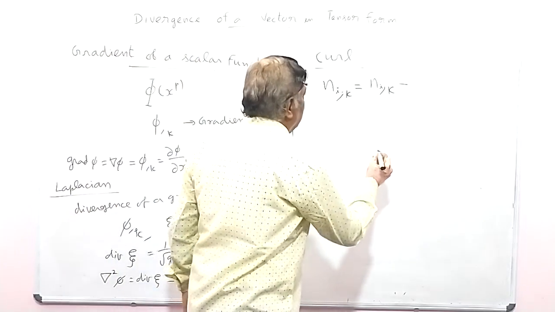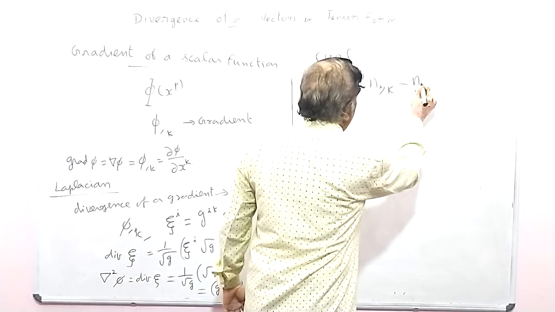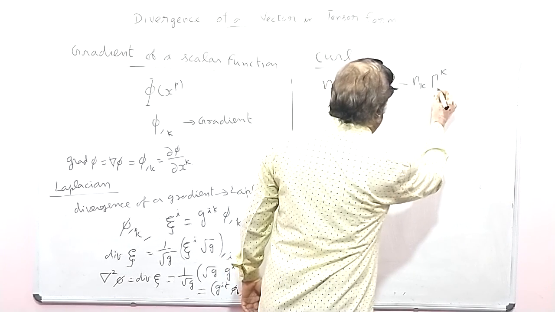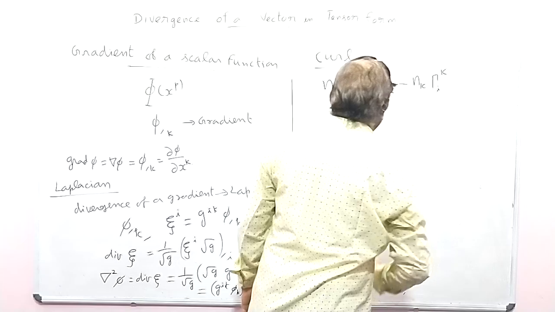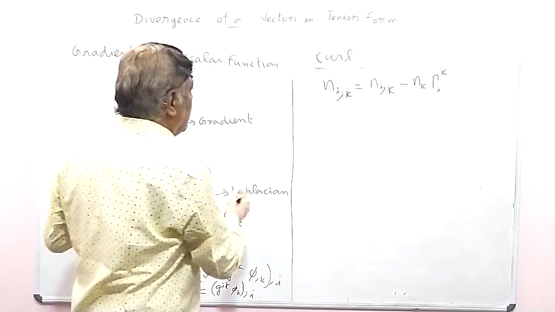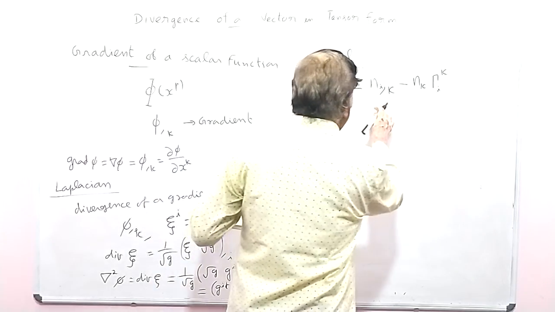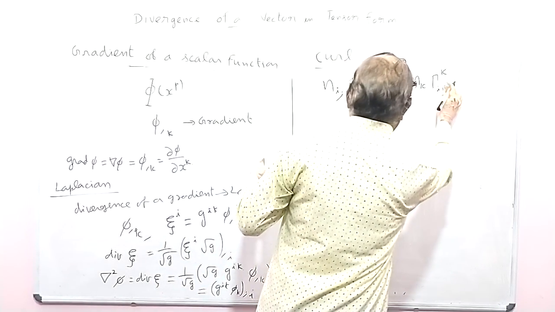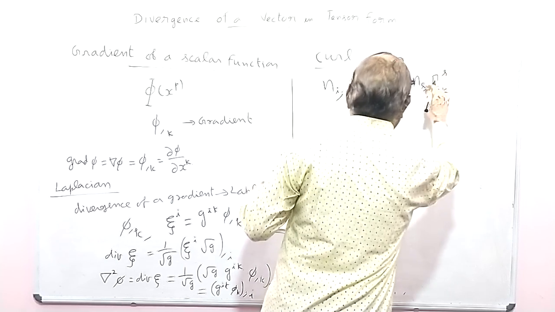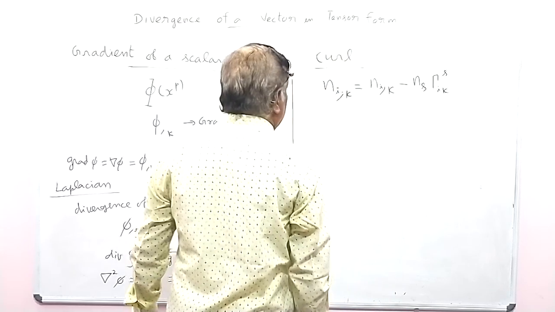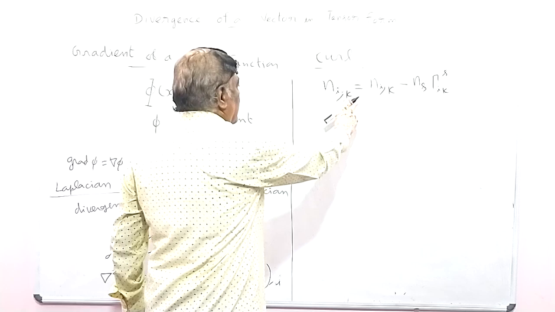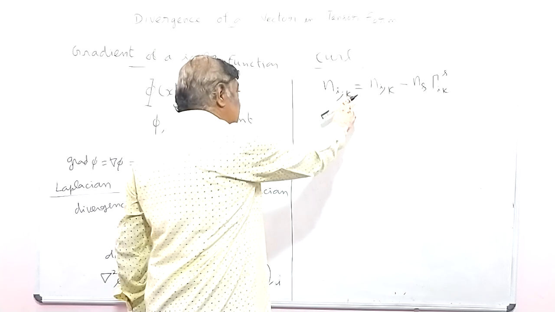This is by the definition of the covariant derivative of the covariant vector.